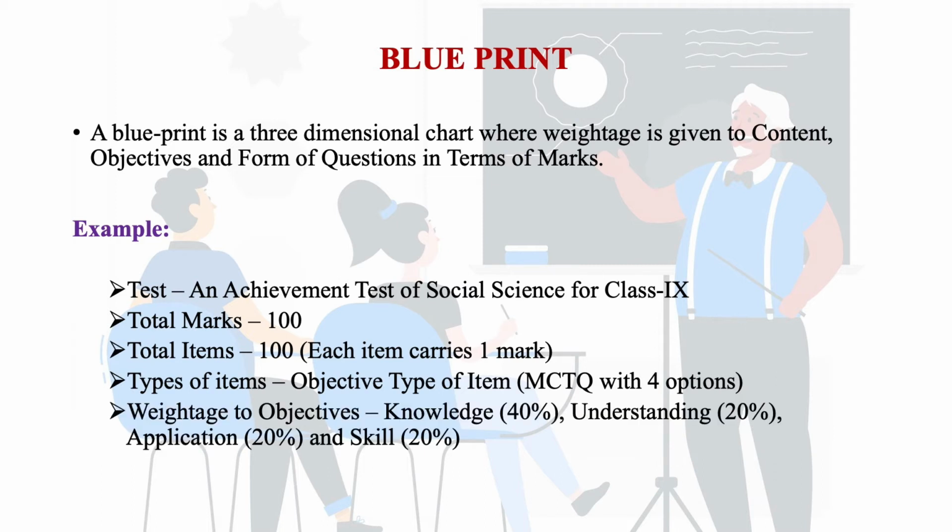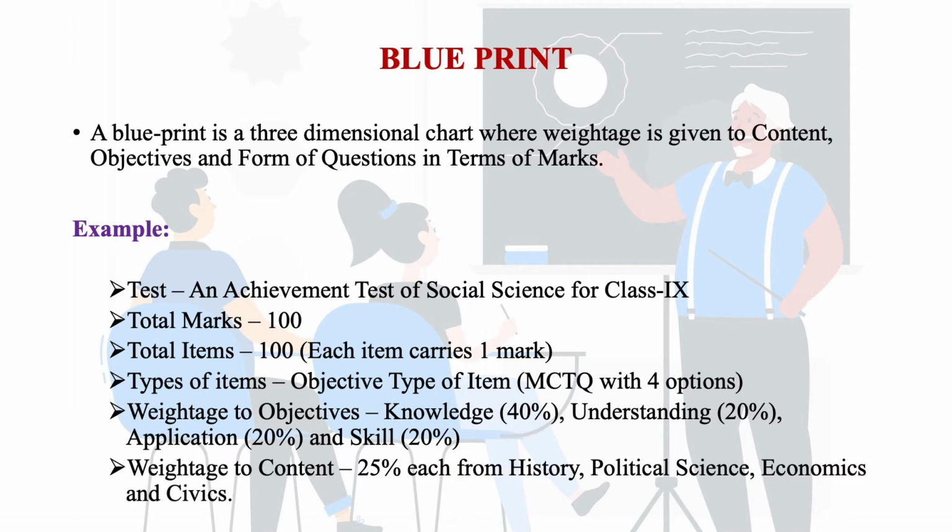Then weightage to the objectives: knowledge objectives have 40% weightage, understanding objectives 20%, application 20%, and skill also 20%. Then weightage to content: 25% weightage is given to each of history, political science, economics and civics.